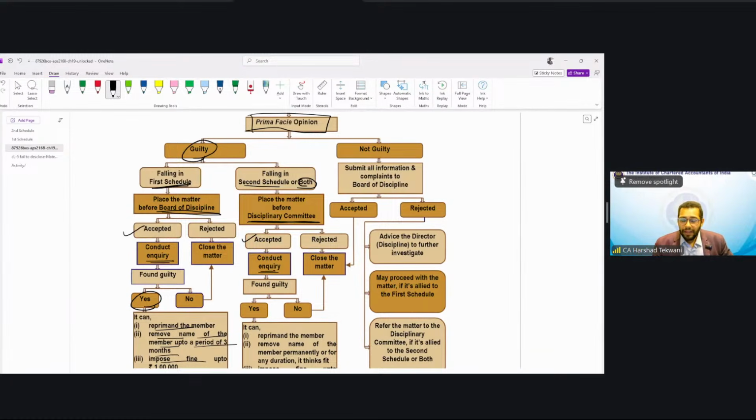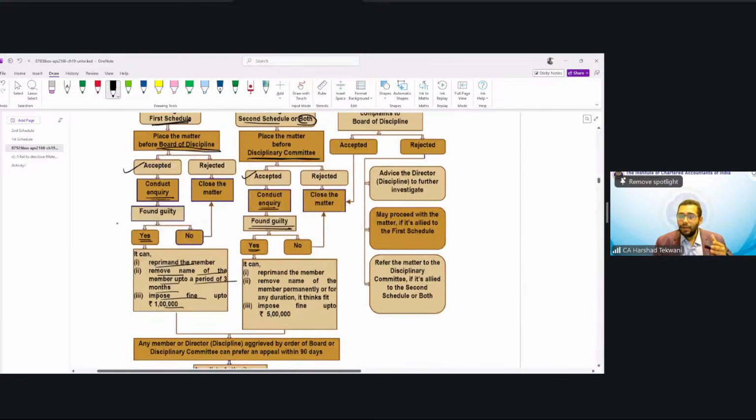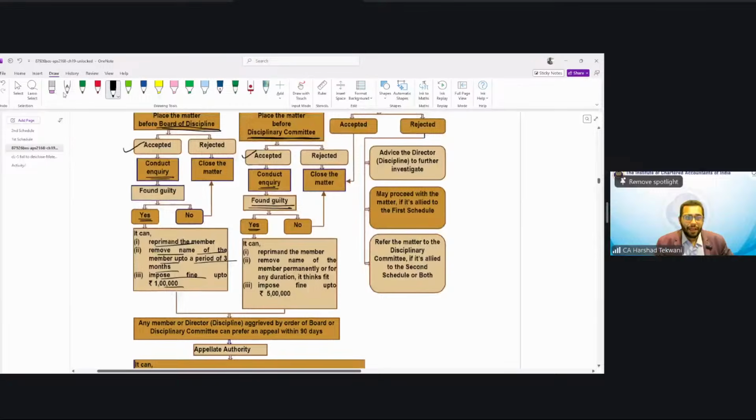If after the final inquiry he is found guilty, then there is punishment based on the schedule itself. As per the first schedule, if any misconduct is identified, the punishment can be: reprimand the member, remove the name of the member for up to a period of 3 months, and impose a fine up to 1 lakh.